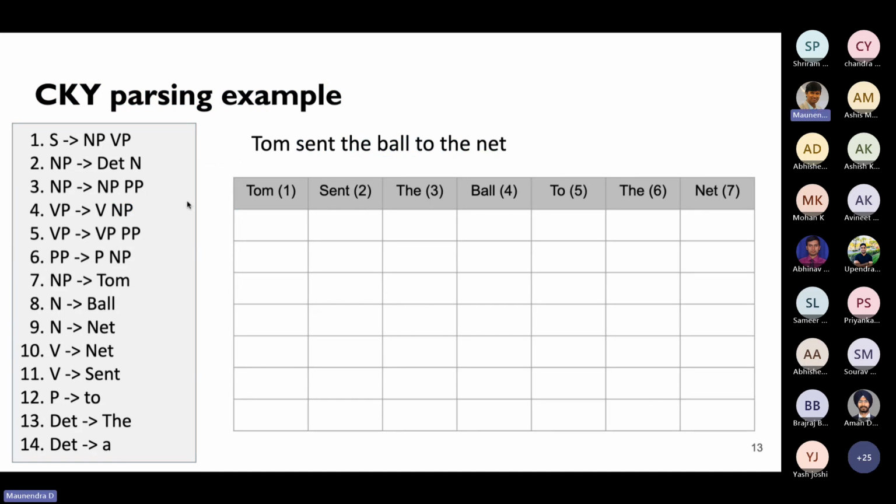So we will look at one example. Tom sent the ball to the net. I'm trying to connect another device where scribbling becomes easier.